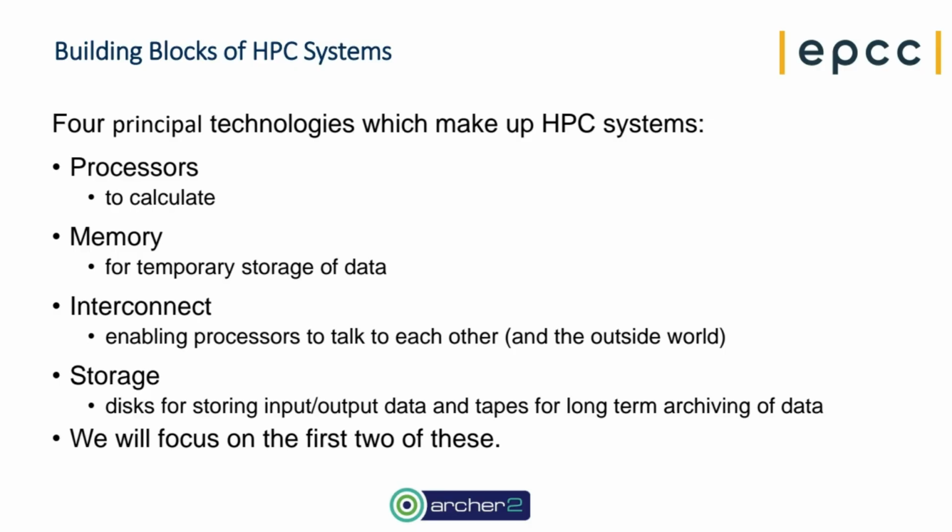There's the interconnect, which enables the processors to talk to each other and also to the outside world and to the storage system. And then there's the storage system itself, the disks for storing your input and output data. In other systems, you might have, for example, tape storage for long-term archiving. But for this course we're going to focus on the first two of these: processors and the memory.